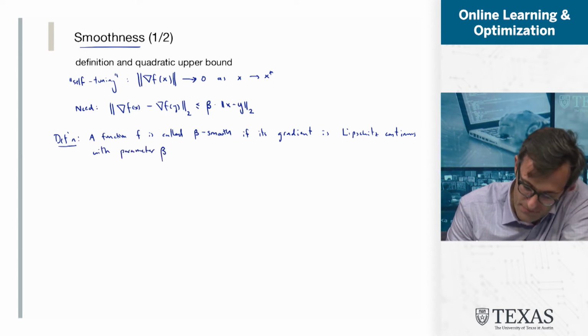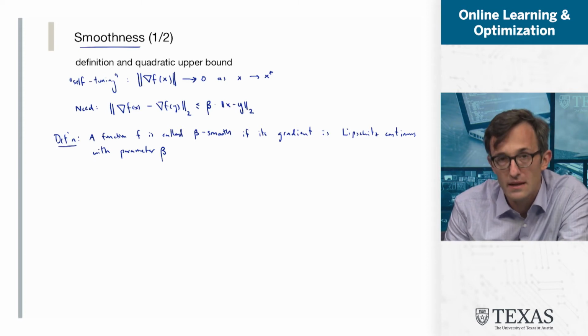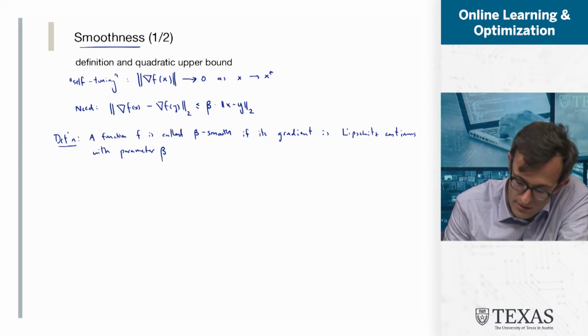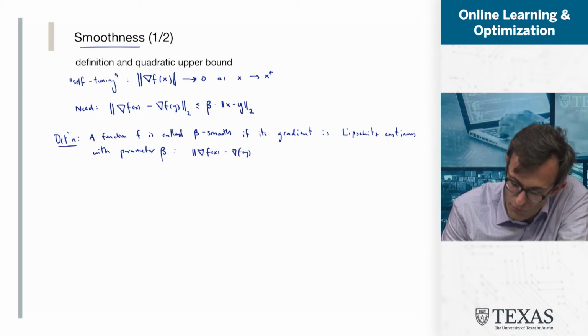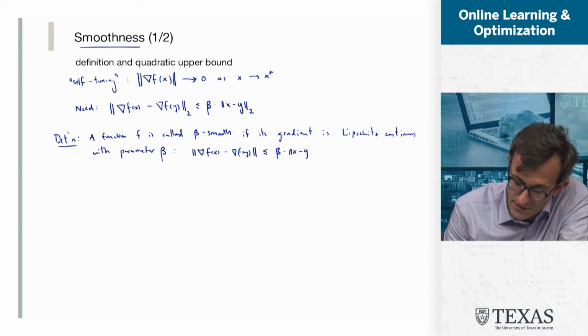Lipschitz continuous means exactly what I've written above. Let me just repeat that since it's part of the definition here. The norm of the gradient of f of x minus the gradient of f of y is less than beta times the norm of x minus y.